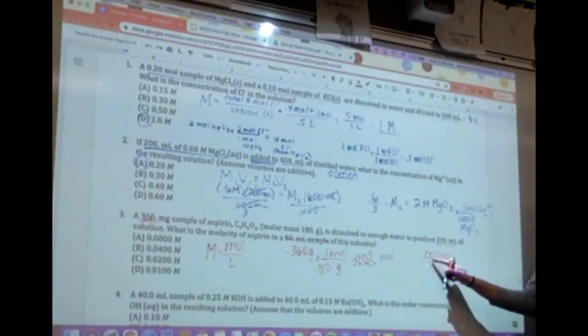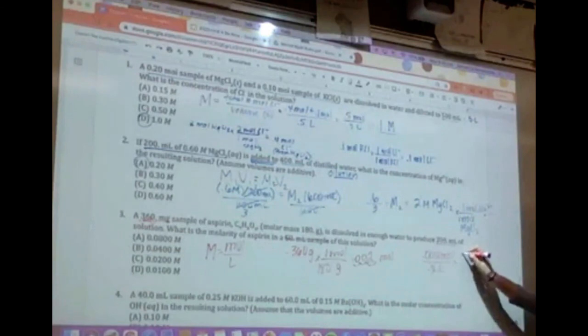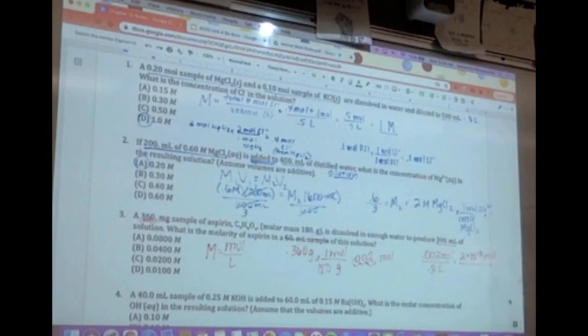If I want to put 0.002 in scientific notation, I'm going to move the decimal 3 times. It's 2 times 10 to the negative third moles, because the negative exponent means it's a small number. And 0.2 liters is 2 times 10 to the negative first liters.